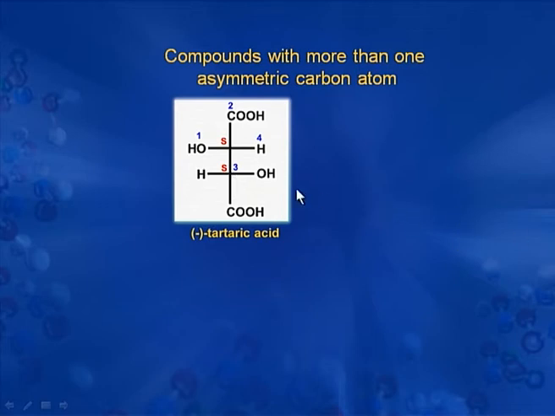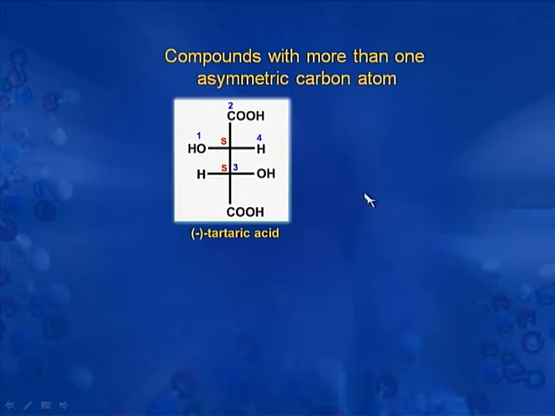This hydroxyl group is attached through oxygen, gets the first priority. Hydrogen obviously gets the fourth priority. This is carbon, this is carbon, but here we find it is C double bond O and single bond O. So, all oxygens, whereas here this carbon is attached to one oxygen, one carbon and one hydrogen. So, obviously carboxyl group gets higher priority. So, this is second priority, this is third priority.